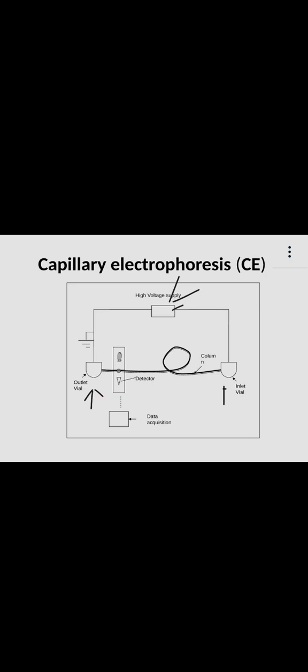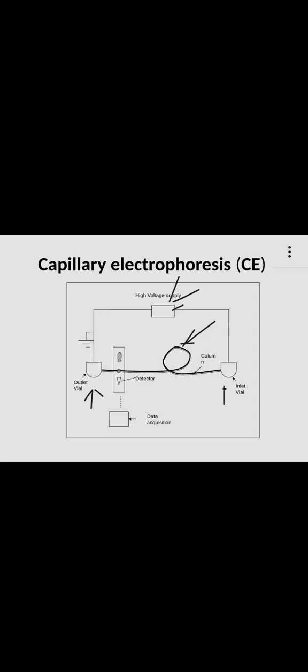Then we have the column or the capillary, whose heads are dipped into the source and destination vials. The capillaries that are used are usually flexible, and they may be bare or polyimide coated fused silica capillaries.